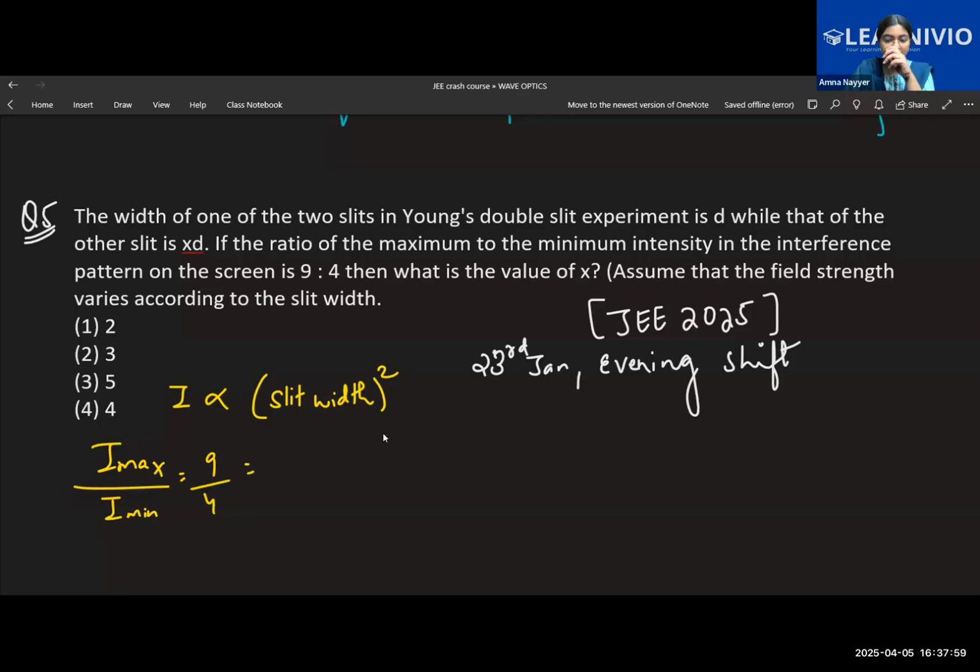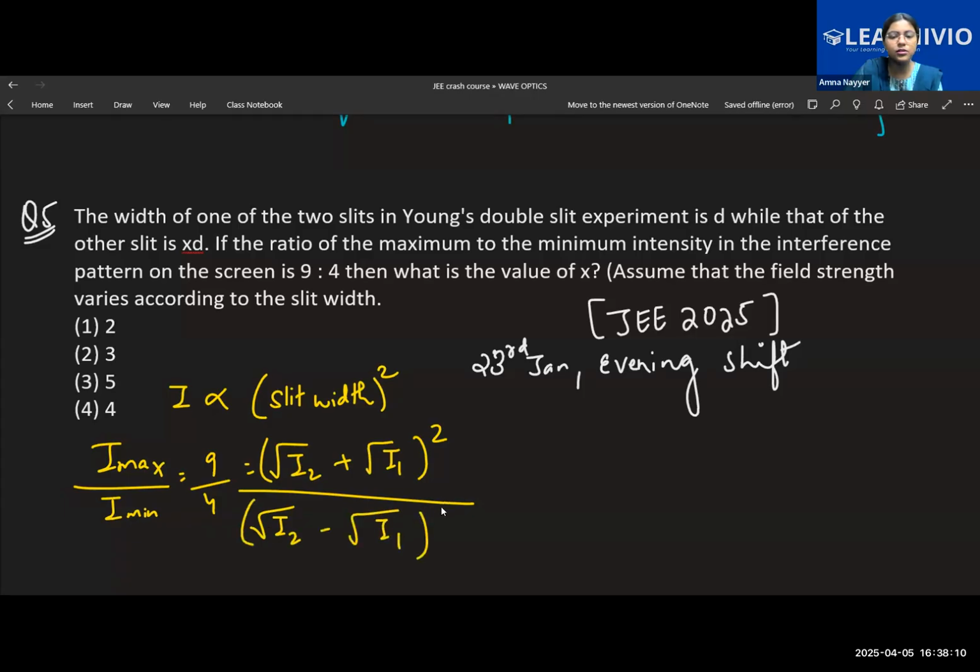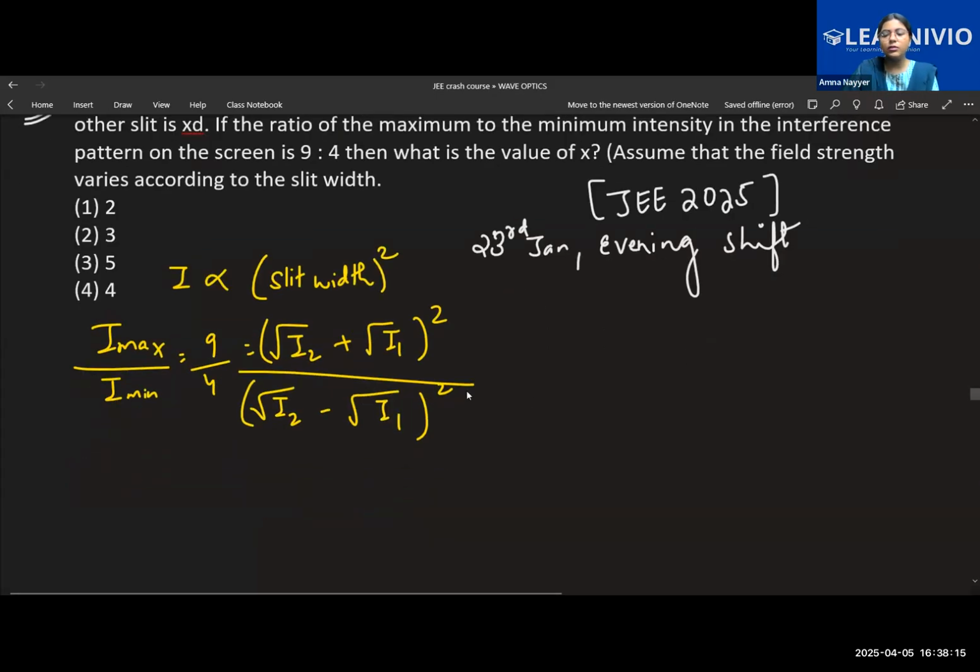Means, as Upasna answered, root I1 plus root I2 whole square divided by root I1 minus root I2 whole square. This is given to us, right? So what we can do, if we take the root on the other side, because this square is directly, slit width is equal to root of I.